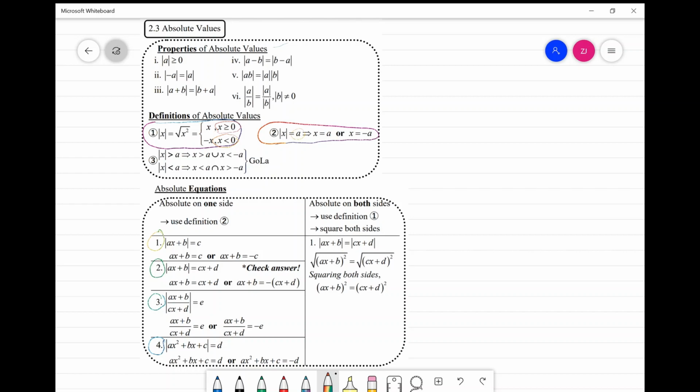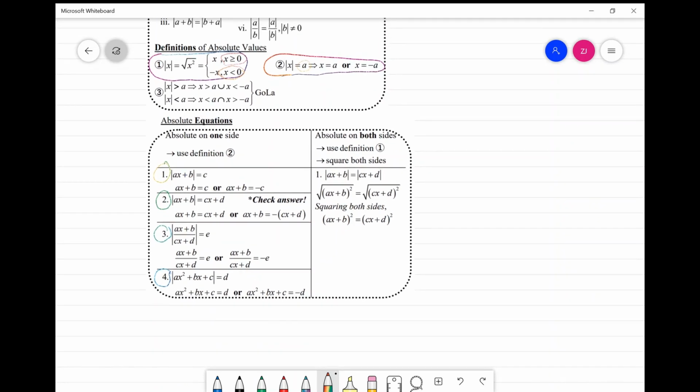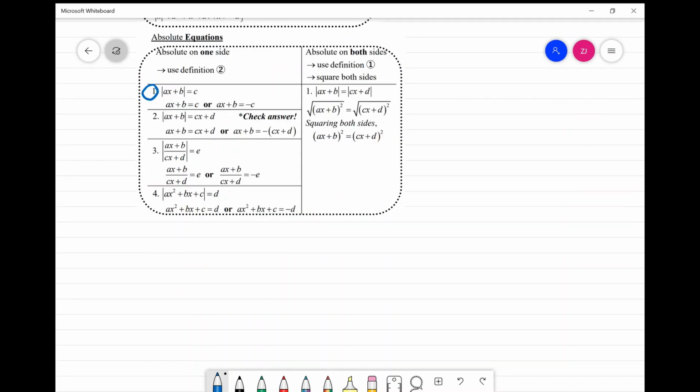If you have an absolute equation where the absolute is on one side, we use this second definition, whereby we need to split into 2. If you have absolute of ax plus b equals c, we may solve this by using the definition and splitting the equation into 2. So we have ax plus b equals c, or ax plus b equals negative c.